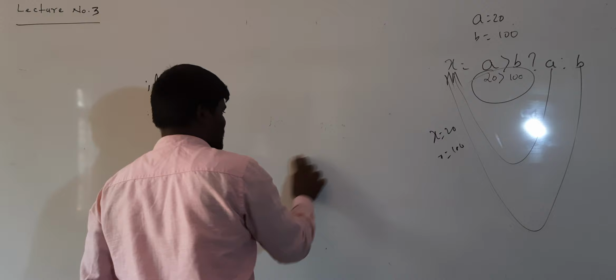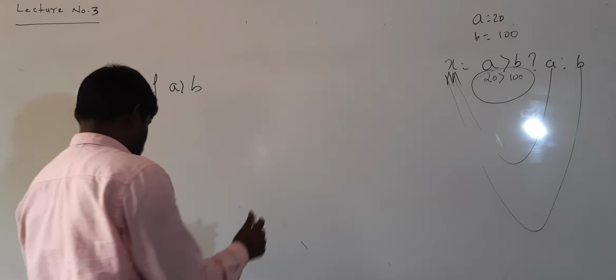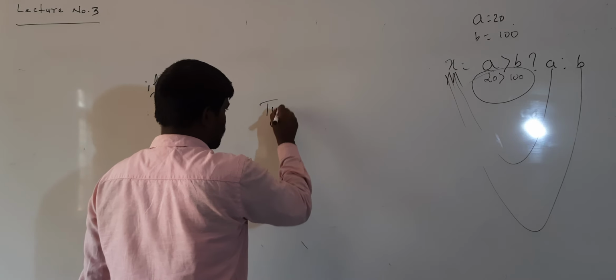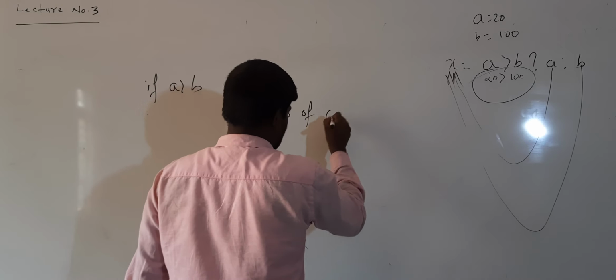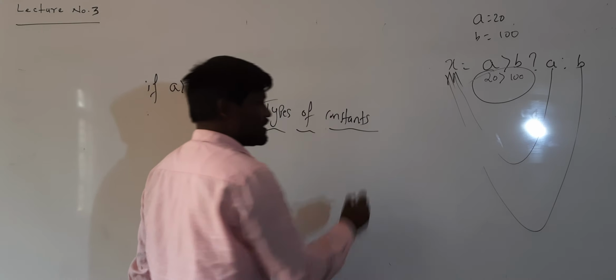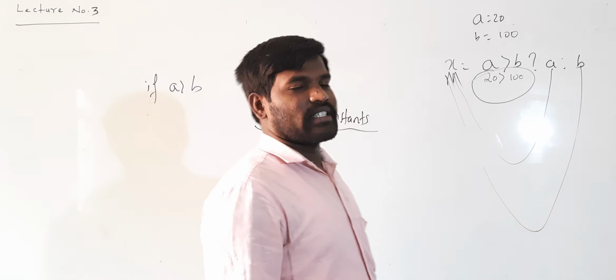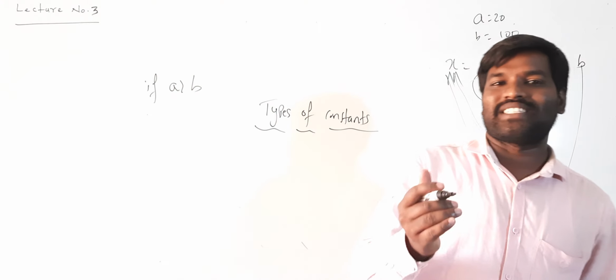The next topic is types of constants. We already know the definition of constant. In general, constant means it is fixed and cannot be changed.